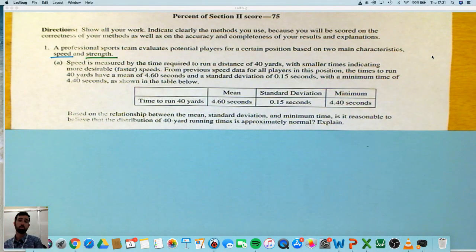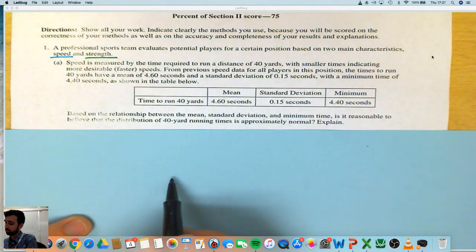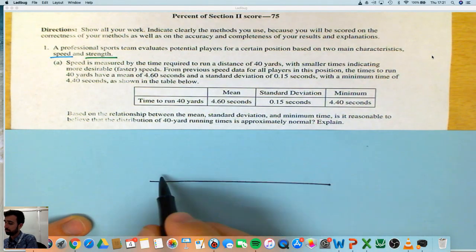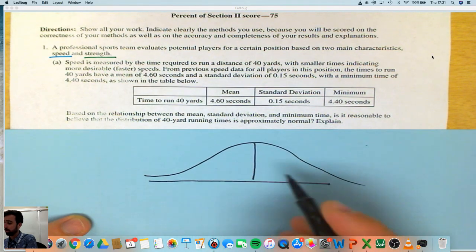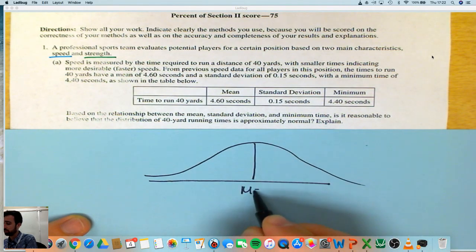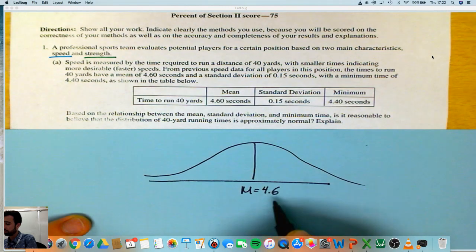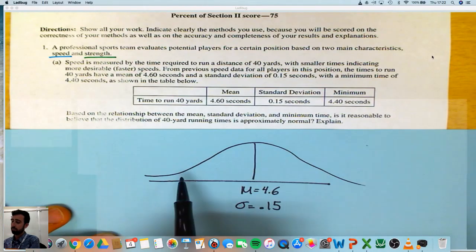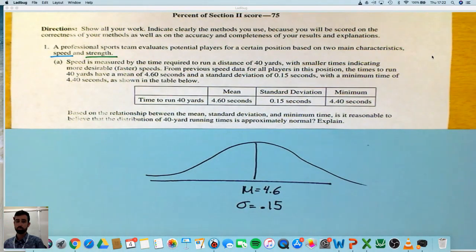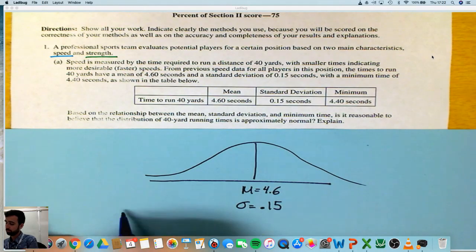If this is normal, it should look something like this. With our average here, 4.6, standard deviation, 0.15, and it said our minimum value was 4.4.